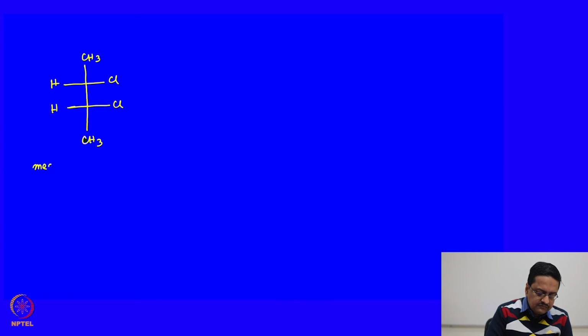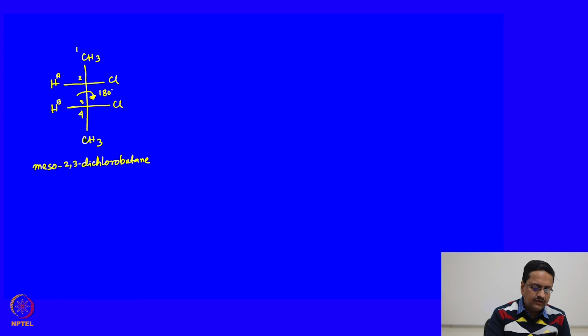This is a meso compound, so we write it as meso 2,3-dichlorobutane. This compound has two hydrogens, namely HA and HB. If we rotate about this bond by 180 degrees, what would we get? We would get this arrangement.